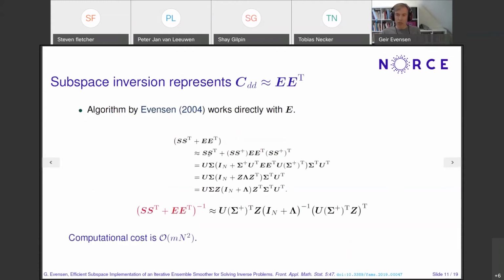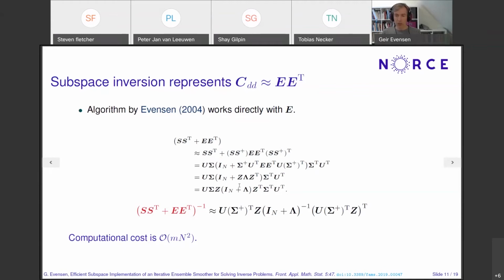What we are doing is to use a different algorithm, actually quite an old algorithm, where we replace the measurement error covariance matrix with an ensemble. So we represent this using an ensemble of perturbations. We write it like this, and then we project these perturbations onto the ensemble subspace, like this.